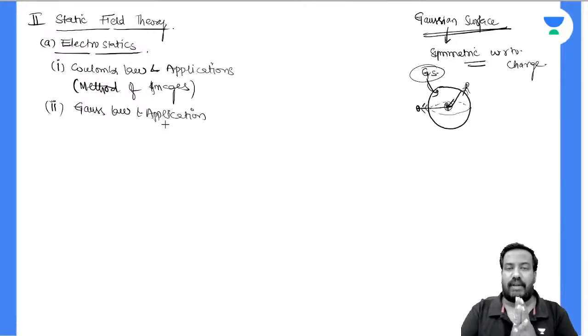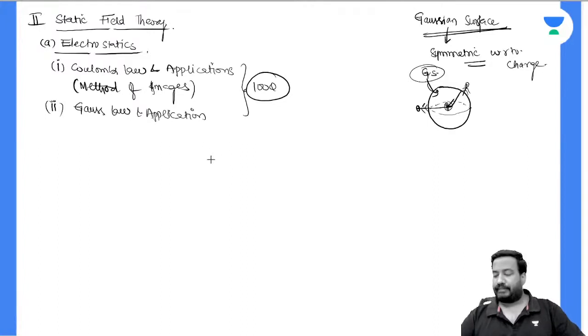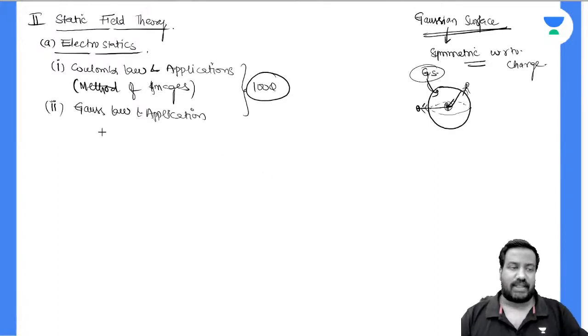And we have done numerous number of practice questions and previous year questions both on Coulomb's law and Gauss law exclusively. Near about, I remember, 100 questions we had solved only on Coulomb's law and Gauss law. Such a detailed explanation is given in this playlist.